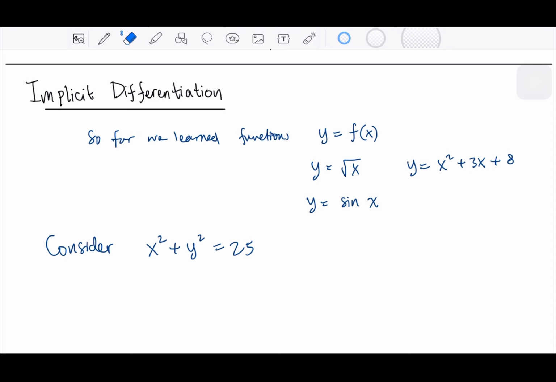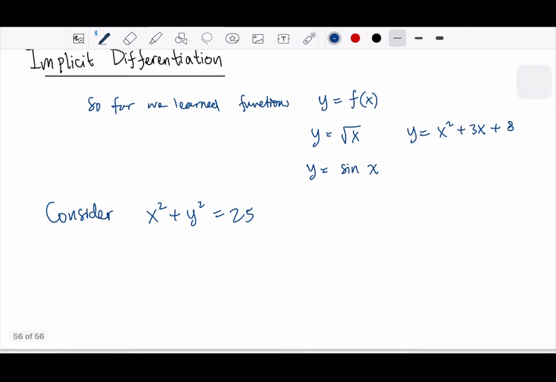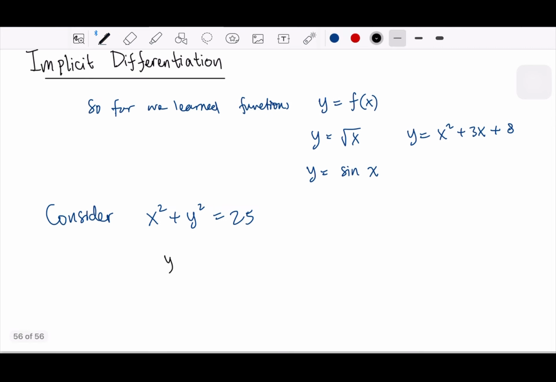First method, we can solve for y squared, and take these equations so we can have the positive and the negative. You will have a circle, but you need to define the circle: the positive is the top one, and the negative is the bottom one.